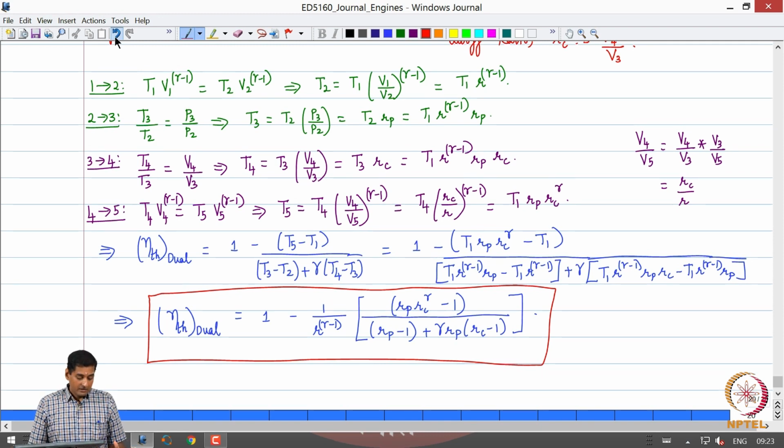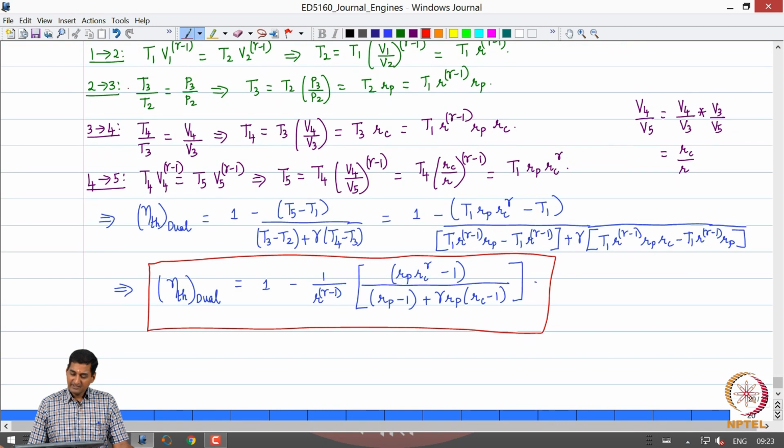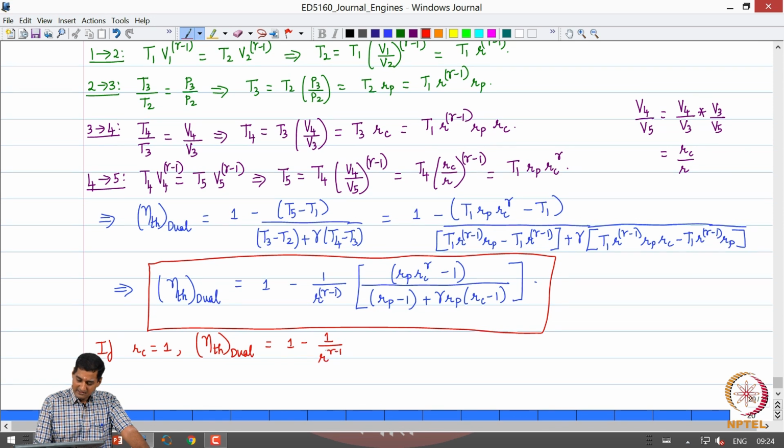Now, we can observe from this expression that if Rc equals 1, what happens to the thermal efficiency expression? It is equal to that of the Otto cycle. The expression reduces to 1 minus 1 by R power gamma minus 1, which is nothing but the Otto cycle.